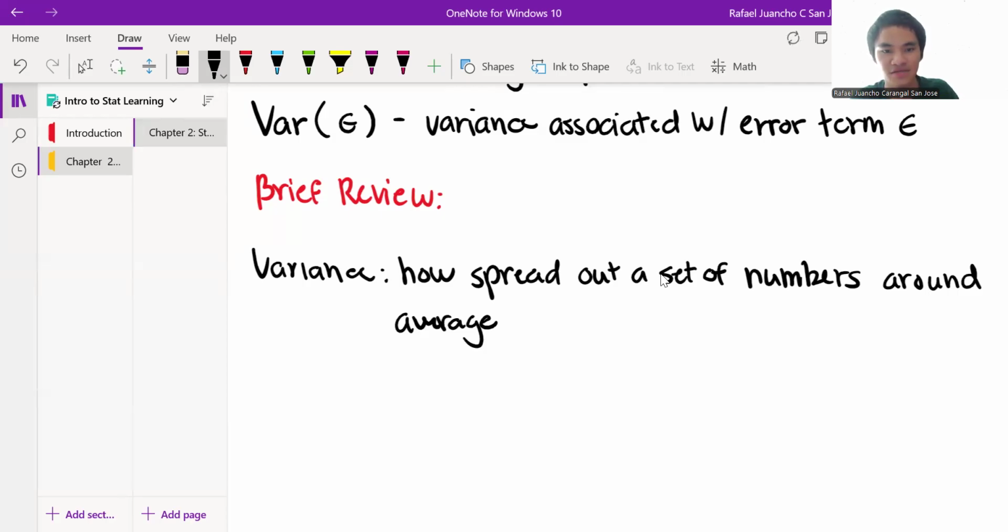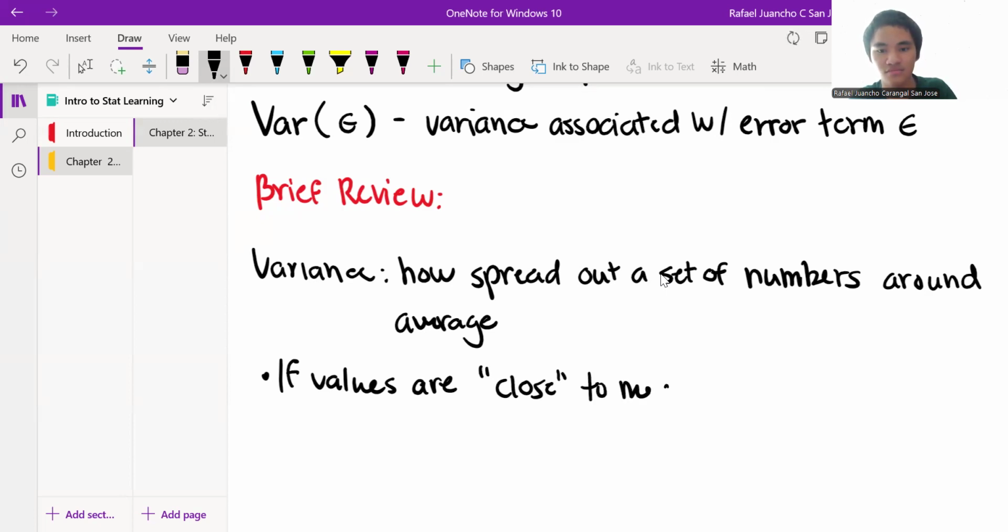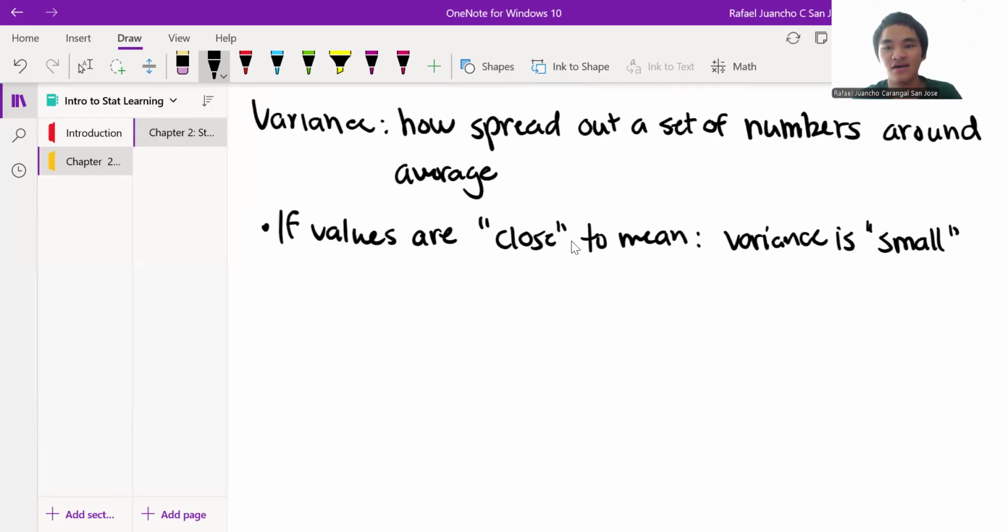And so what does that mean? If the values or the numbers are quote unquote close to the mean, then that means the variance is quote unquote small. So that's something we can use to quantify how close we are to the average, and vice versa.